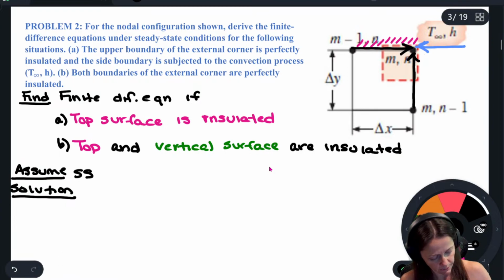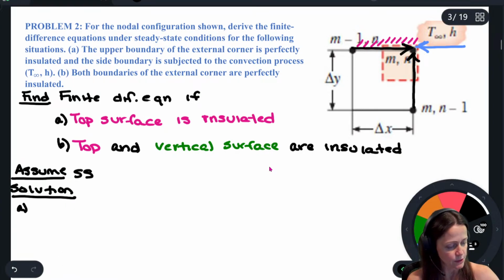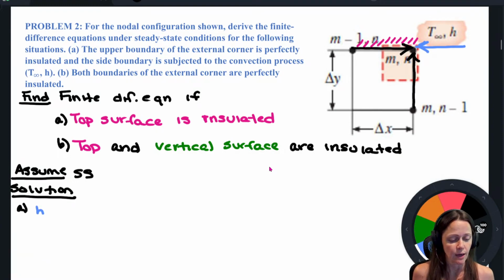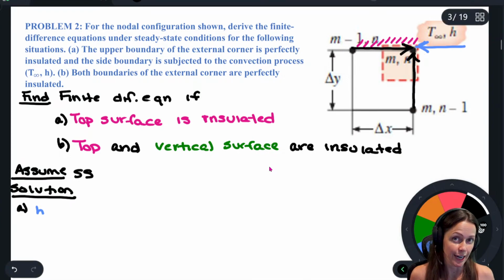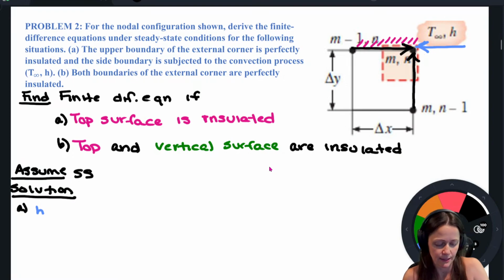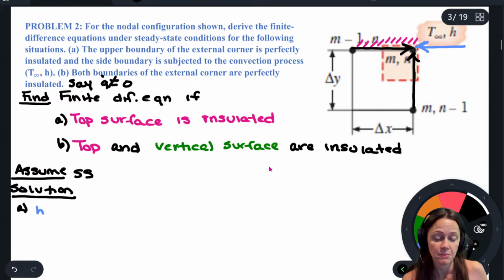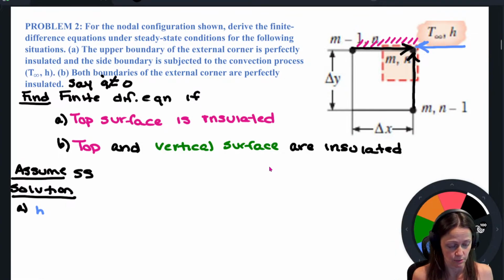So for A, my finite difference equation is going to be h times the area. Actually, I'm going to change it: say q dot is not equal to 0, say we have some sort of internal heat generation.